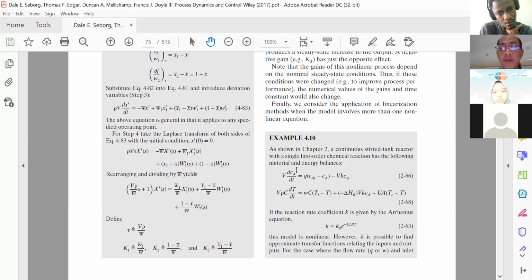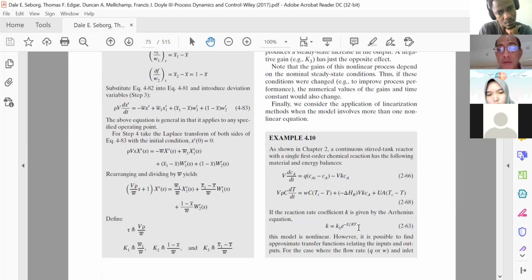Then we will have the mass balance, equation 266, and this is the energy balance, equation 268, where the reaction rate coefficient K is given by the Arrhenius equation, K is equal to k0 e to the minus E over RT.